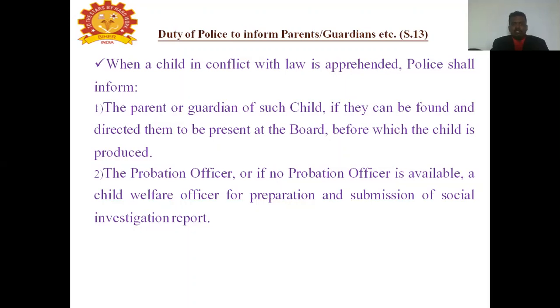The police shall also inform the probation officer or, if no probation officer is available, the child welfare officer, for preparation and submission of a special investigation report. So these are the duties of police.